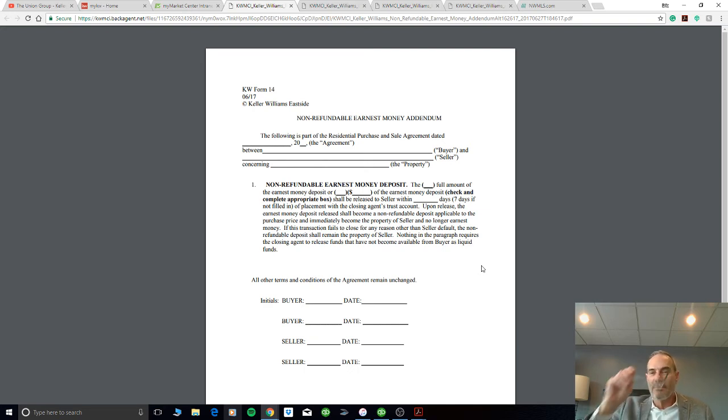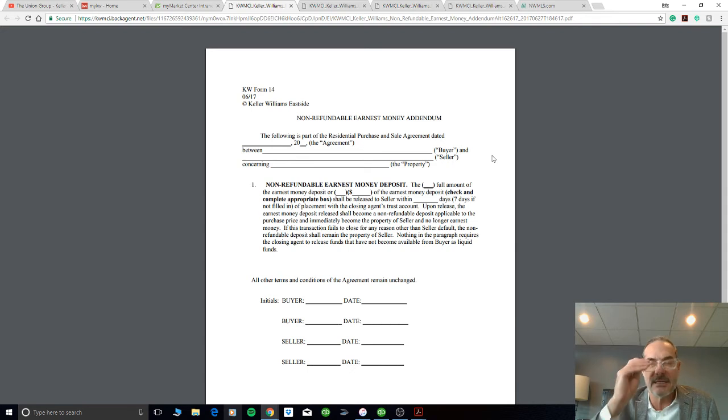Form 14, the non-refundable earnest money addendum. If you're going to release any money at all and it's non-refundable, you better be putting this Form 14 in there because this is the language you need. Do not try to write your own language on a Form 34 because you'll be practicing law and it will collapse on you if there's a fight over earnest money because you wrote it.